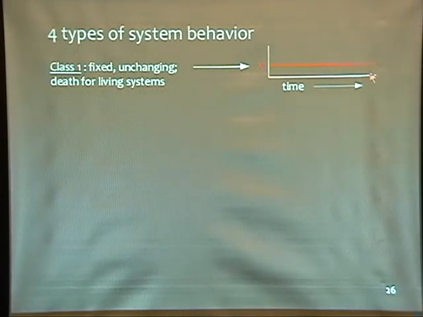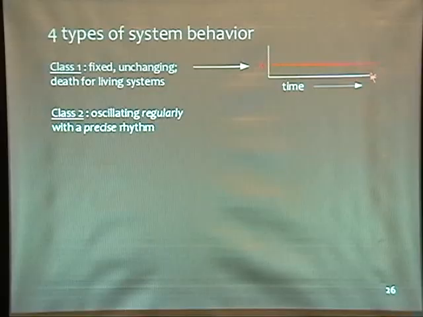It's just a fixed value. That is essentially death in a living system. That's the reason they call death flatlining, because it goes linear. Not much other than dead things are class 1 in nature. Class 2 is slightly more interesting. It's oscillating regularly with a very precise rhythm like this.